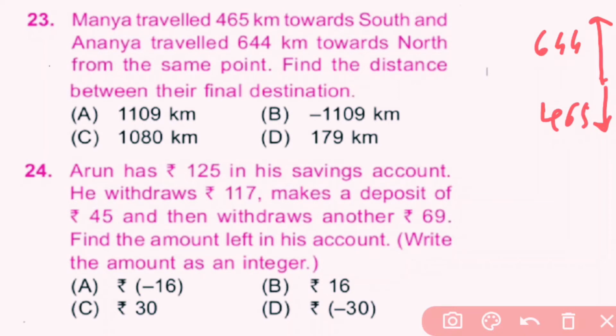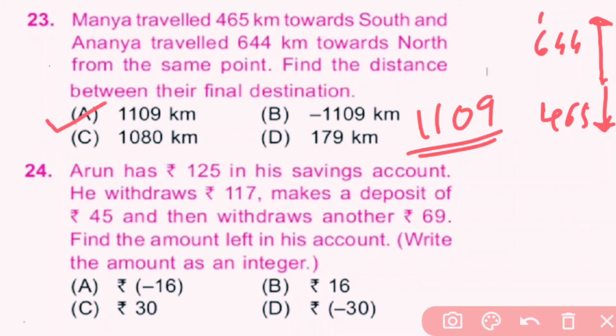So the distance from here to here is the addition of these. So 4 plus 5 is 9, 4 plus 6 is 10, 1 carry over, 6 plus 4 is 10 and 11. So the distance between their final destinations is 1109. So A is the correct answer.